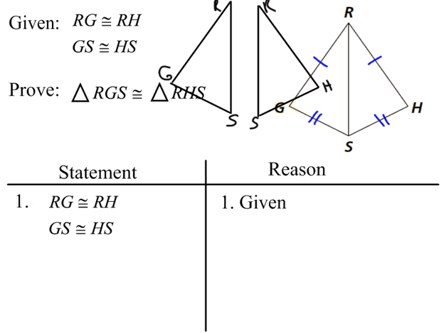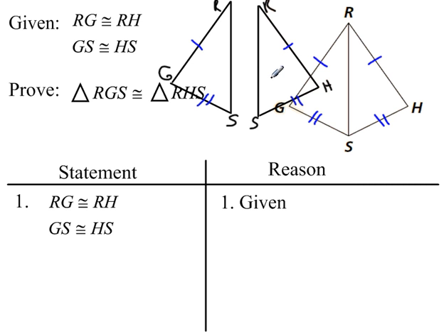Now look, keep in mind, we already said that RG is equal to RH, and we already said that GS is equal to HS. Now what do you notice about the side that's left here that was shared? RS and RS. Well, they have to be equal to each other, because it's the same side on both of the triangles.